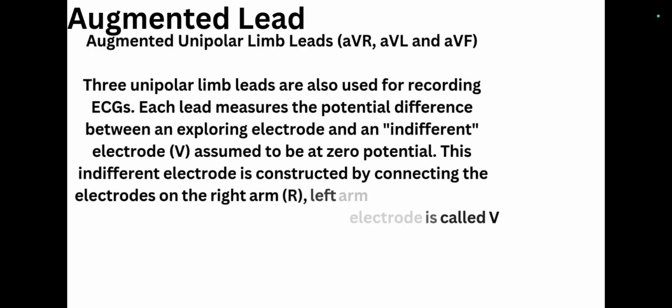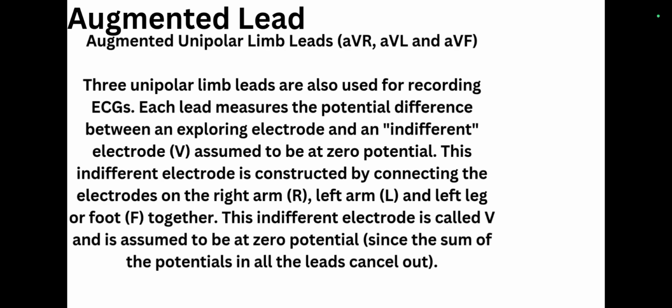What is an augmented lead? Augmentation is generally putting a certain zero potential in the body. The leads AVR, AVL, and AVF are also used for recording the ECG. Each lead measures the potential difference between an exploring electrode and an indifferent electrode, which is assumed to be at zero potential, and this electrode is generally placed in the machine.